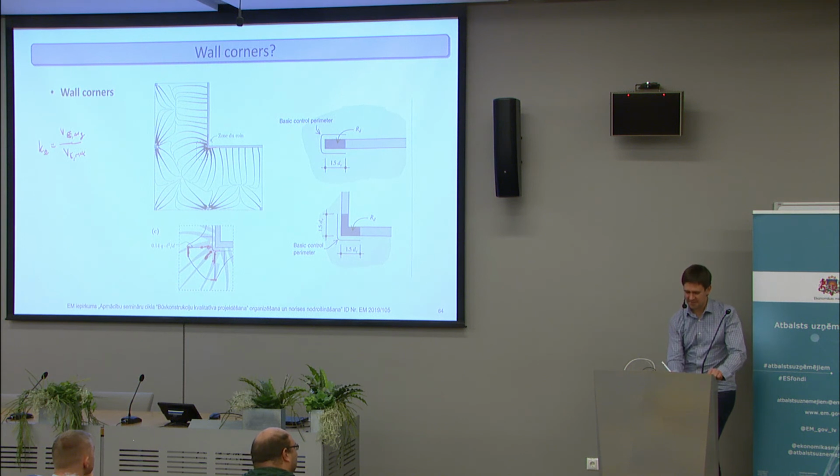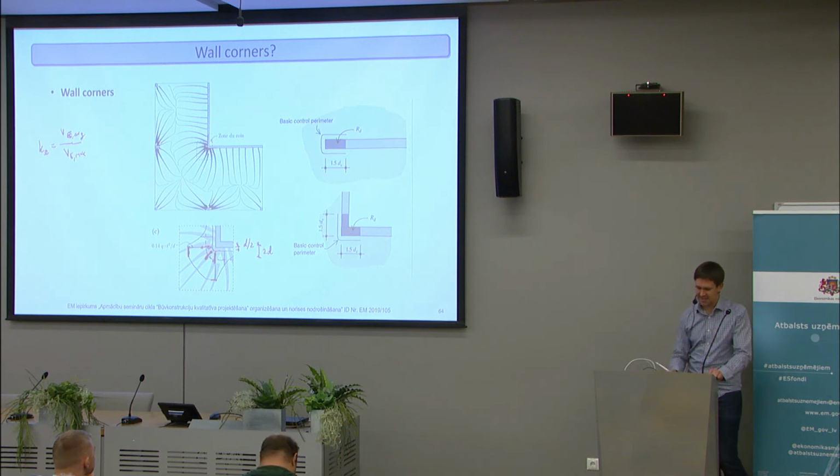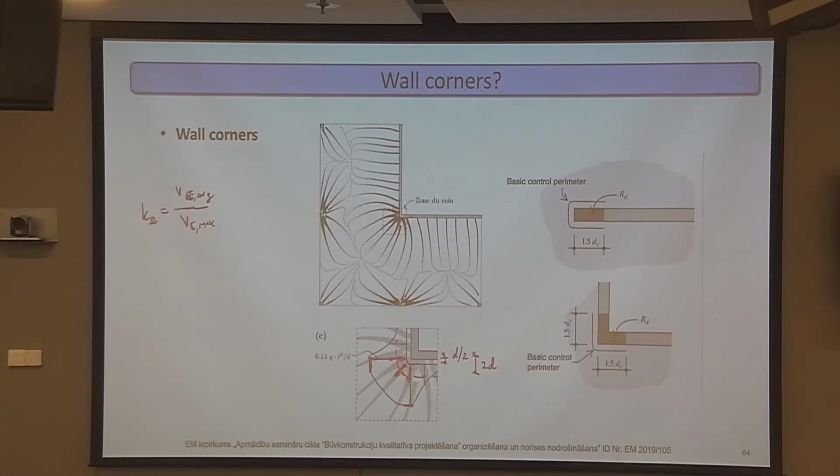Whereas in Eurocode the perimeter is much further. In Swiss code, it's at d/2, like in ACI and in model code as well, and probably in the new Eurocode as well. Then in Eurocode, it's at 2 times d. So at that distance, the shear stresses will be already so low that we might not need shear reinforcement at all in places like this.